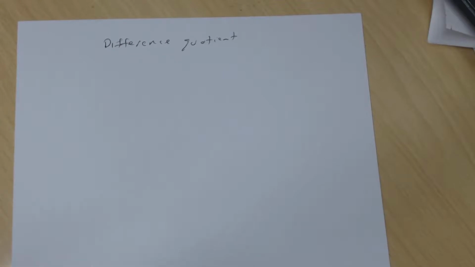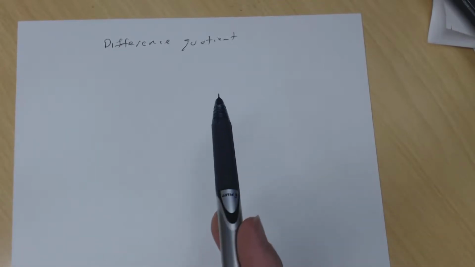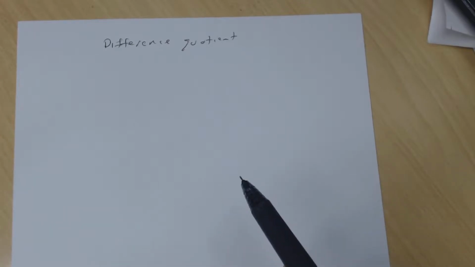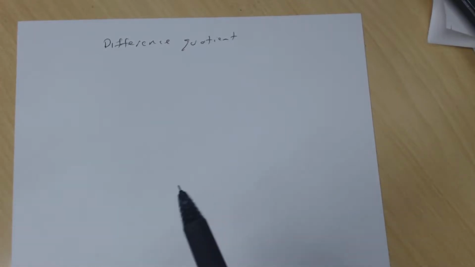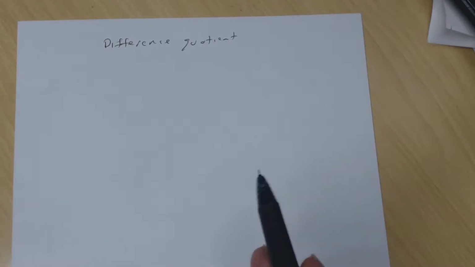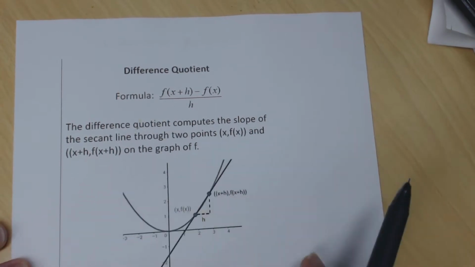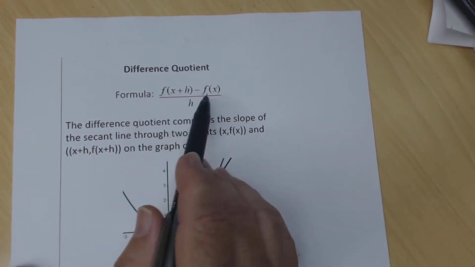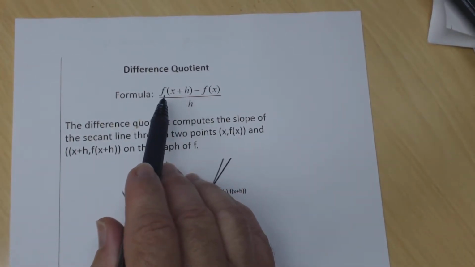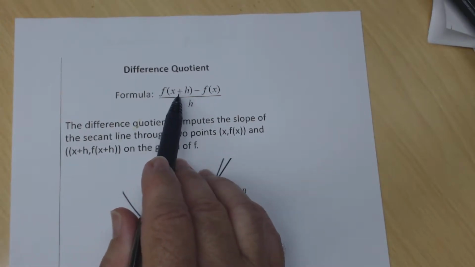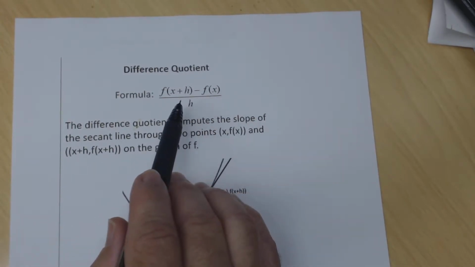You don't even have to know anything about the fact that the difference quotient measures the slope of a secant line. You just have to be able to compute it to figure out what it's equal to. So the difference quotient looks like this. It has a numerator and denominator, and the numerator is f of x plus h minus f of x.